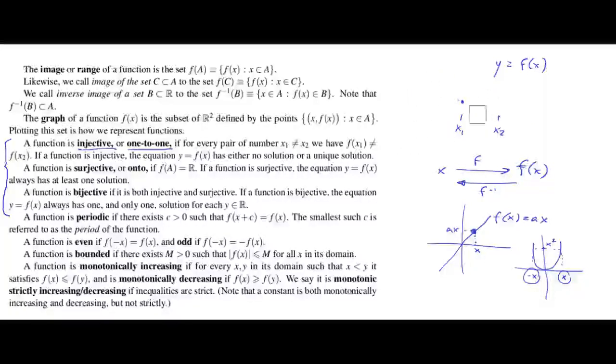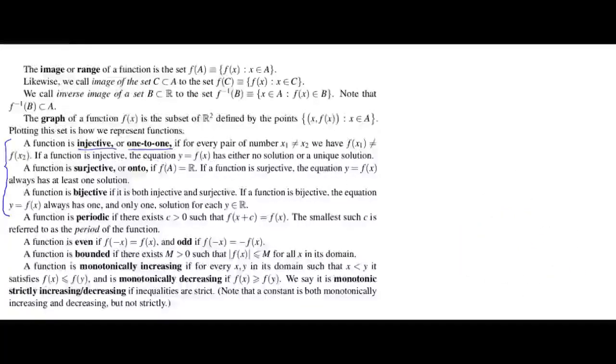Now a function is surjective, or onto, again synonymous, if the image of the function, the range of the function, is the reals. If a function is surjective, then the equation y equals f of x always has at least one solution.